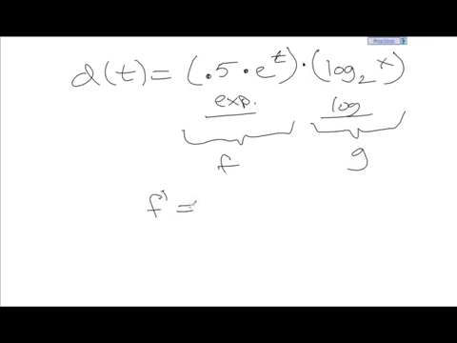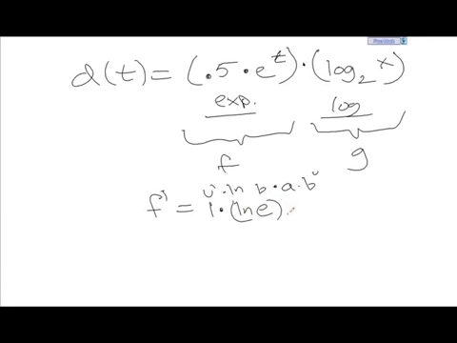So f prime, well, this is an exponential function, so I've got to apply what I know about exponential functions, which the derivative is going to be u prime times ln of the base times a times b to the u. So my u is t, derivative of t is 1, natural log of b is the natural log of the base in this case.